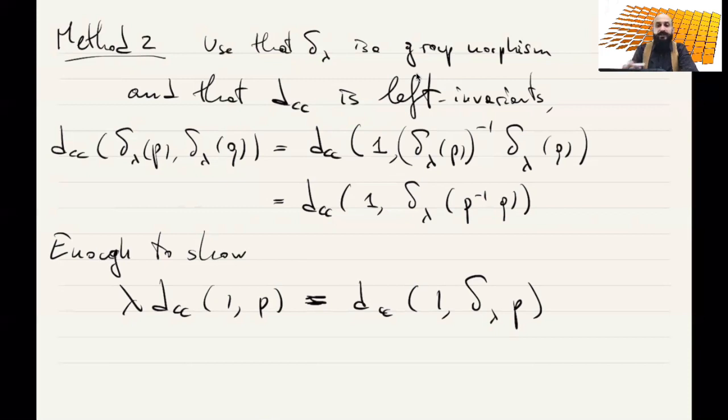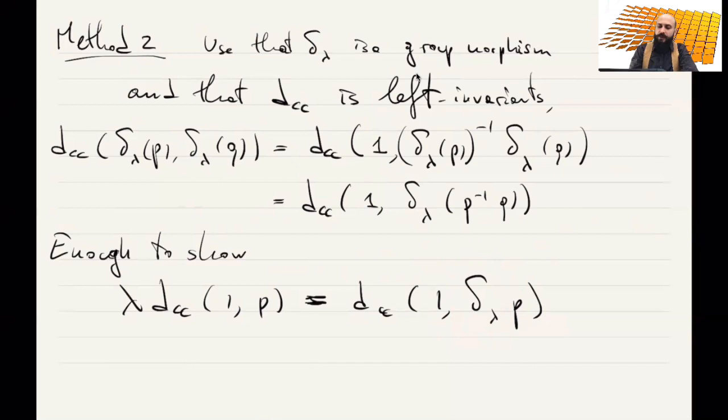Now of course one could also take a geodesic from 1 to P, which are lifts of circles, and see what happens when you multiply by lambda. You will see that this is still another geodesic, and you will calculate the length. But now let's make it even simpler.